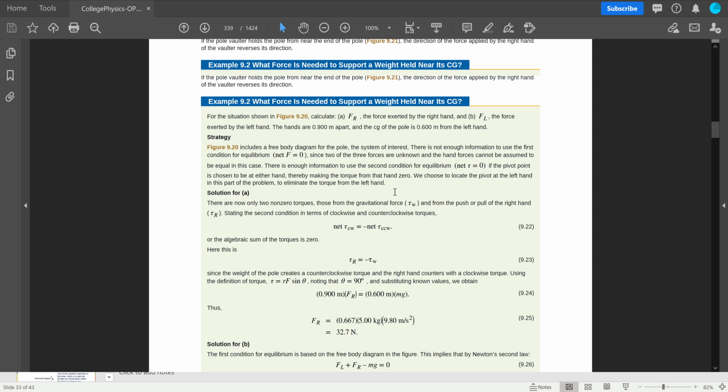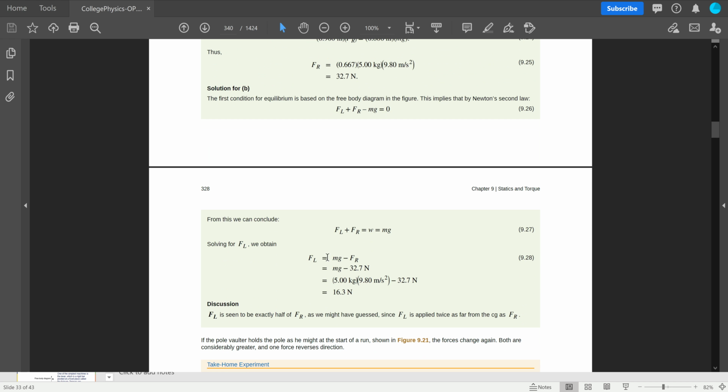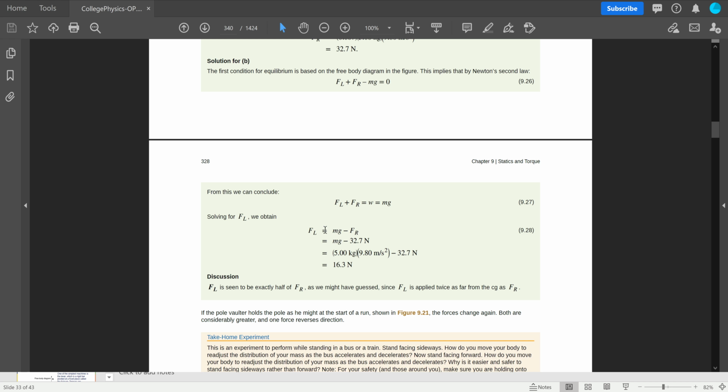So for B, the force exerted by the left hand, the first condition of equilibrium is based on the free body diagram in the figure. This implies, from Newton's second law, that FL plus FR minus mg is equal to 0. From here, we can say that FL plus FR is equal to the weight, so this also equals mg.